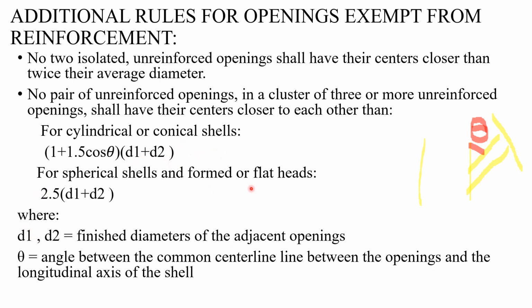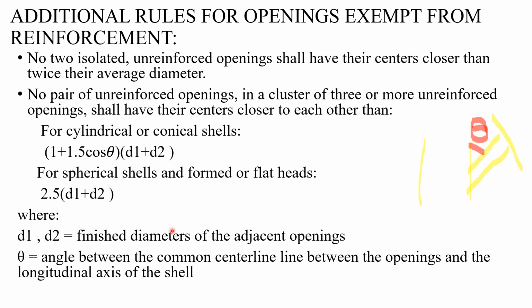For a spherical shell, formed head or flat head, it is 2.5 times (d1 + d2). This has to be the distance between the unreinforced nozzles. You have to also cross check this, because I have given the angle between the common center line between the openings and the longitudinal axis of the shell. That is exactly this theta.